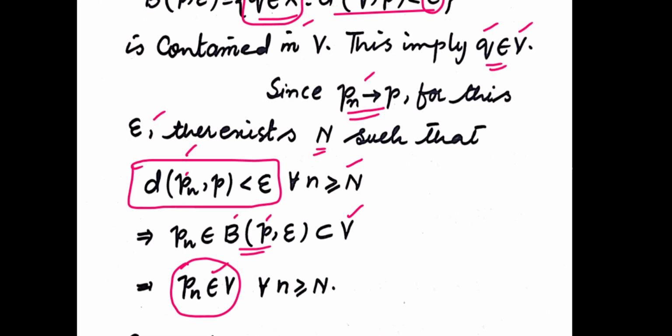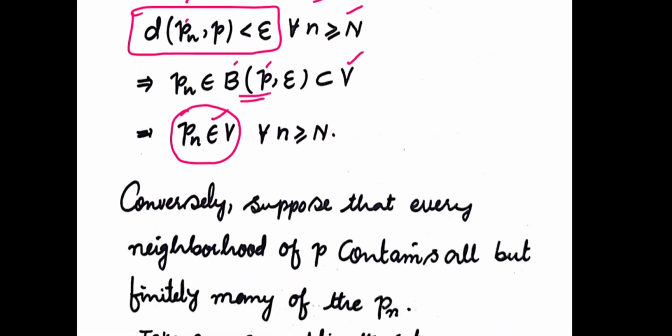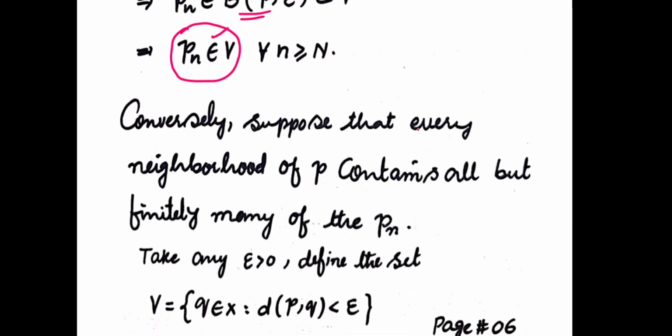Conversely, we suppose this definition holds, that is, suppose that every neighborhood of P contains all but finitely many of the Pn, and we will show that Pn approaches P. Take any epsilon greater than 0 and we define the set V such that it consists of all points Q of set X that satisfy this inequality.